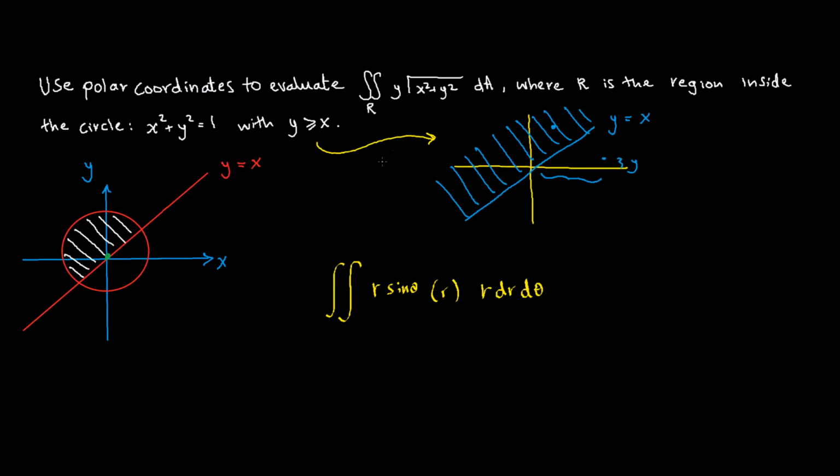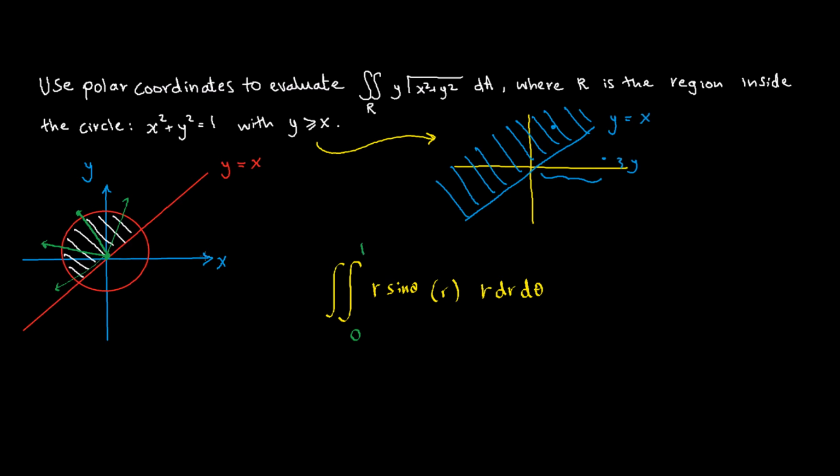Now we need to figure out the limits of integration. So for r, we start at the origin, and we go radially outwards, and you see the region is defined at the origin, and that we always exit the region through this circle which has a radius of 1. And to figure out the limits of theta, we start at the positive x-axis and we go counterclockwise.